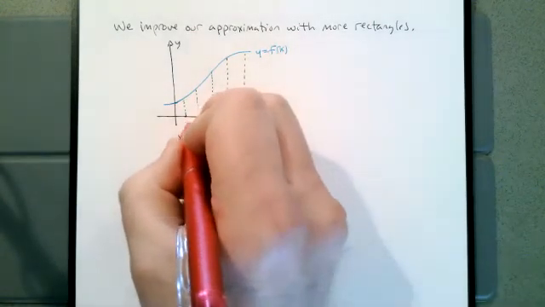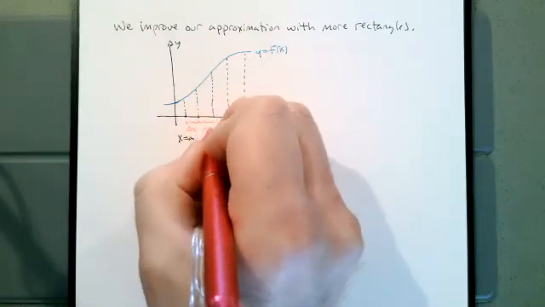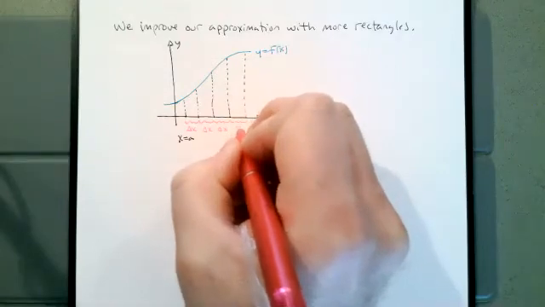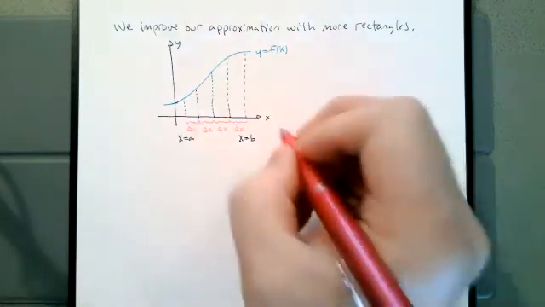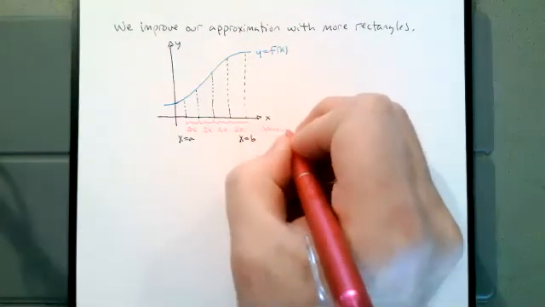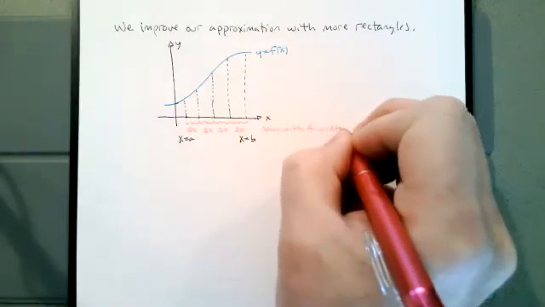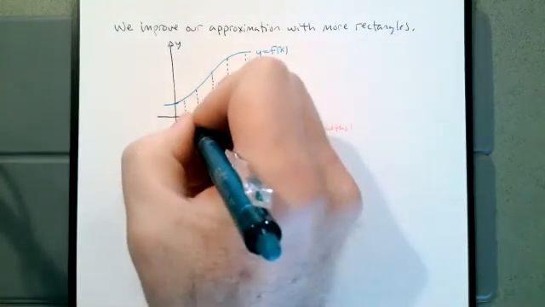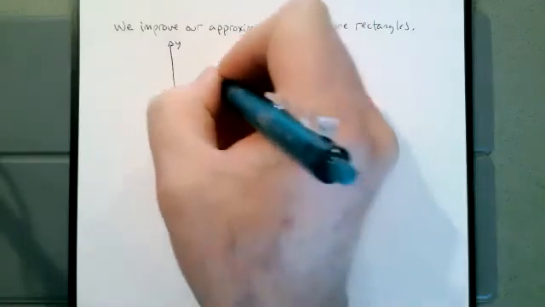So each of these is a new delta x. And on each of these widths, now we've got 4 widths. On each of these, we're going to pick a value of the function, and we're going to flatten it out.